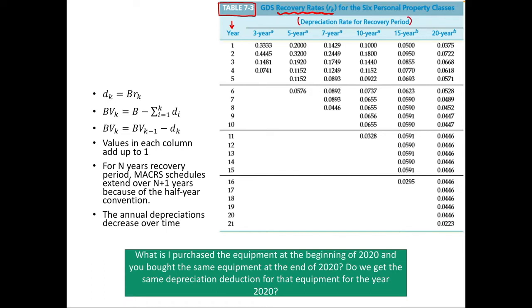Okay, so for example, you have 3 year, which means you are looking at a property which has 3 years as its recovery period.